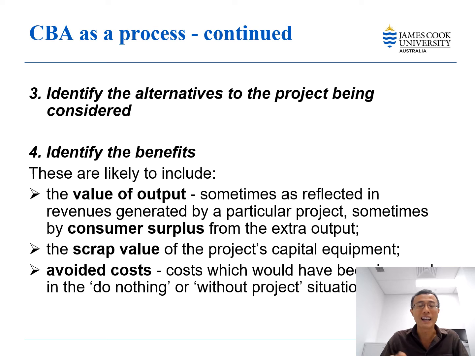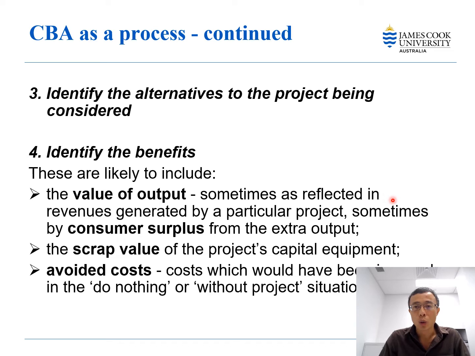So here we have to identify items of benefits. Such benefits can include value of output. So you build a dam on the Ross River to generate electricity. The electricity you generated is the benefit, an item of benefits.